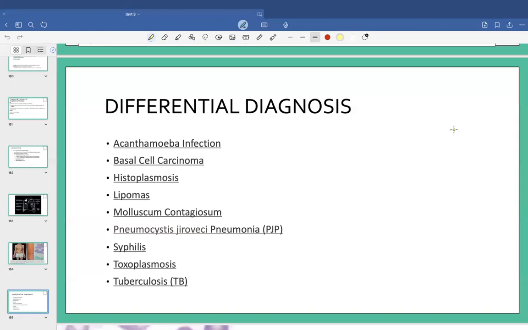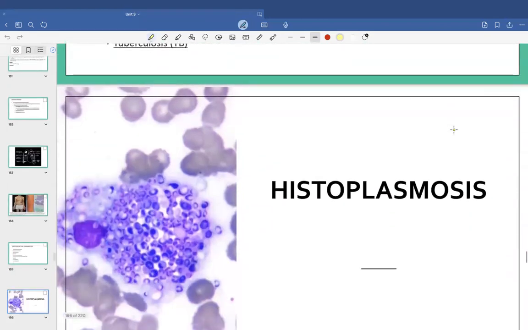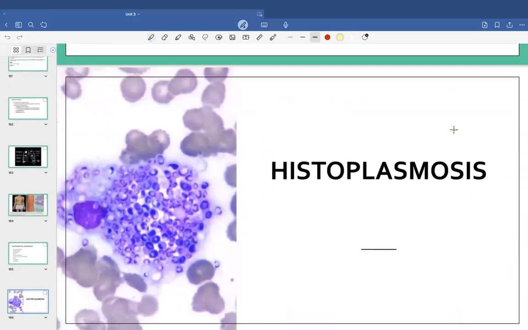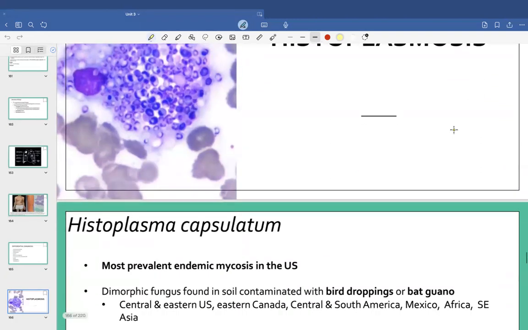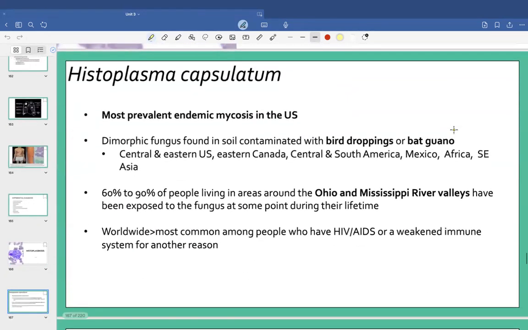All right, let's talk about histoplasmosis. Histoplasmosis is caused by Histoplasma capsulatum, which is the most prevalent endemic mycosis in the US. What do we say about endemic versus opportunistic?